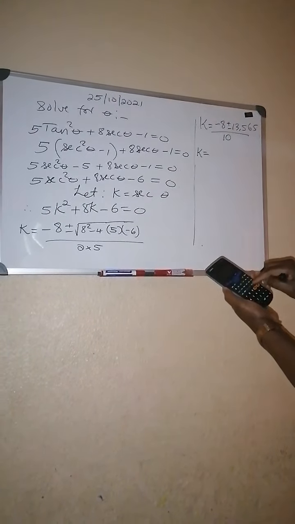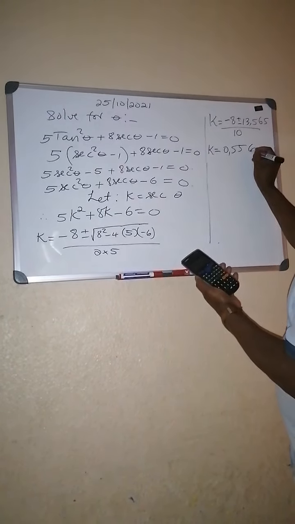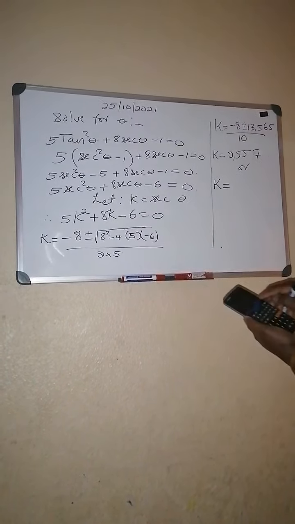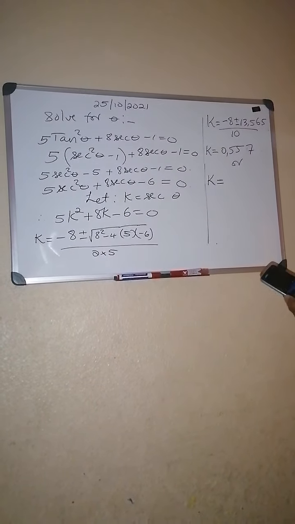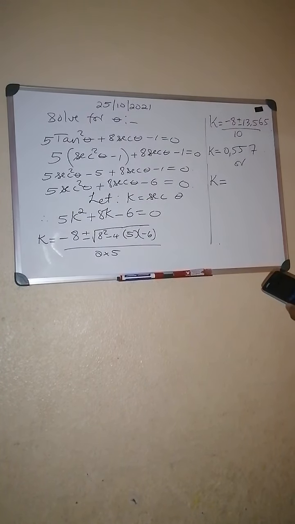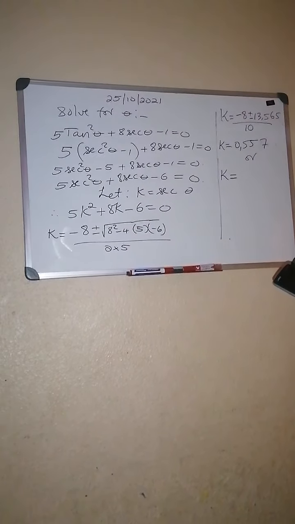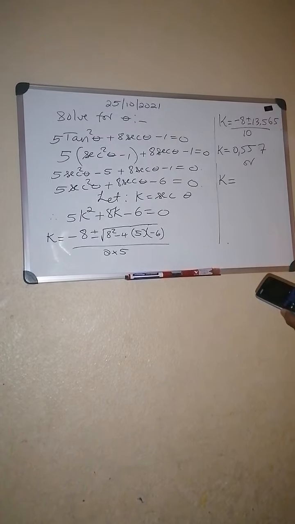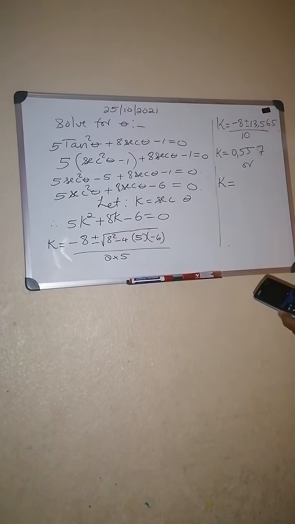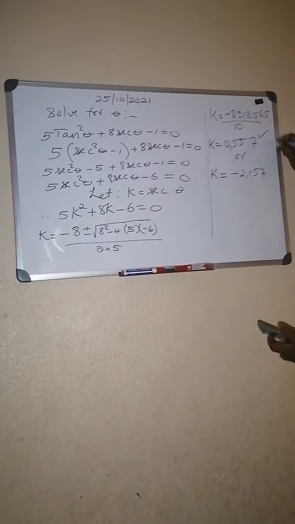If I divide by 10, then the first value is 0.557, or k, the second value, is minus 8 minus 13.565 divided by 10. The other value is minus 2.157. So there are two values there.